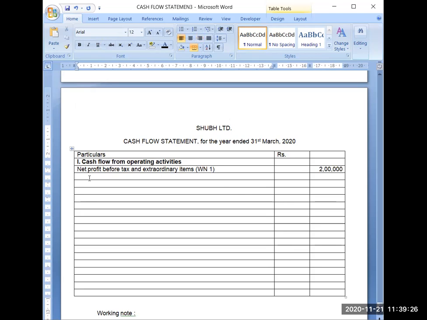Now coming to step 2, we have to make adjustment for non-cash or non-operating expenses.